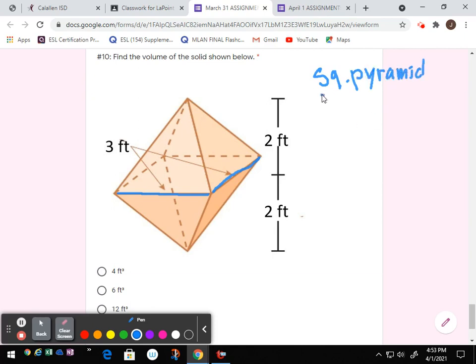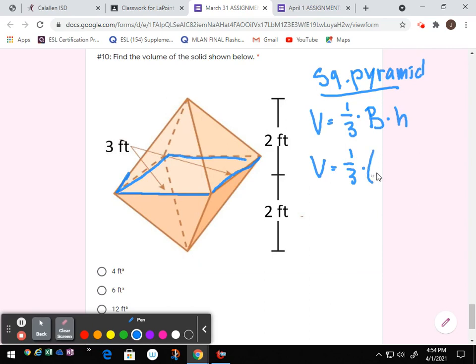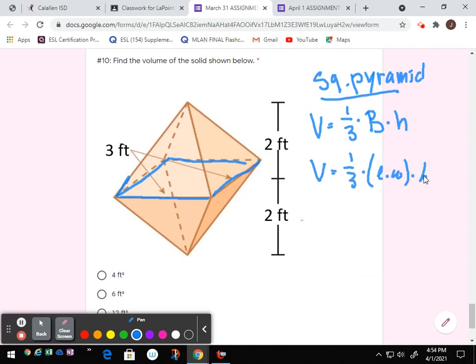Okay, so square pyramid. The volume formula for a pyramid is 1/3 times big B times the height. As we said, the shape of the base is a square. So here's our square. All right. The area formula for a square for big B is length times width. So we're going to replace big B with length times width, and we'll drop down to 1/3 and the height. The length is 3.